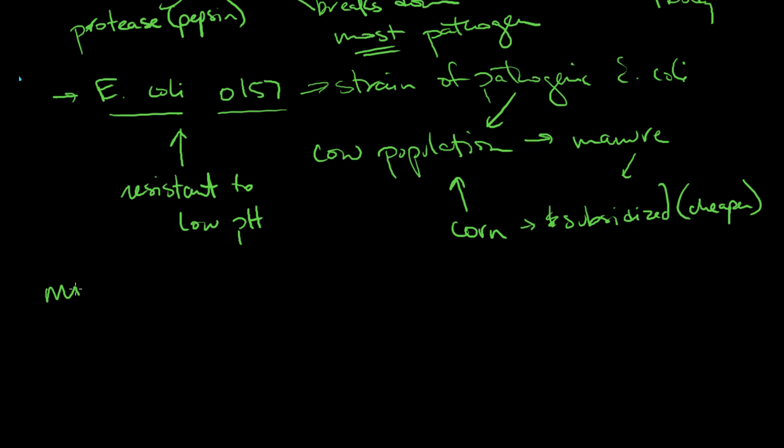And then the next thing is mucus. So this is for airborne pathogens. And this mucus lines passages or entrances into our body.